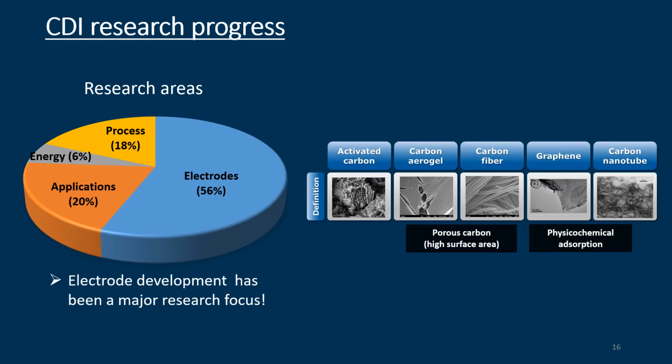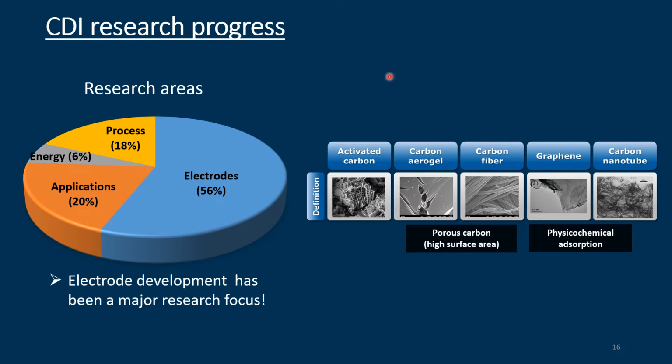So what's the research progress at this moment? A lot of people are very much focused on the electrode, to develop the best electrode material: activated carbon, carbon aerogel, graphene, and carbon nanotube.